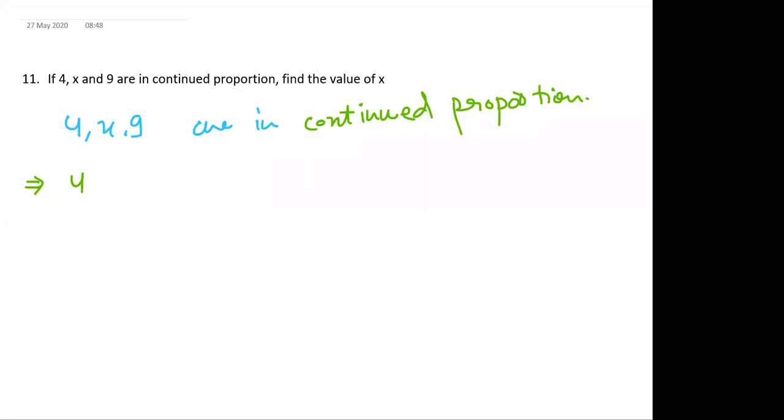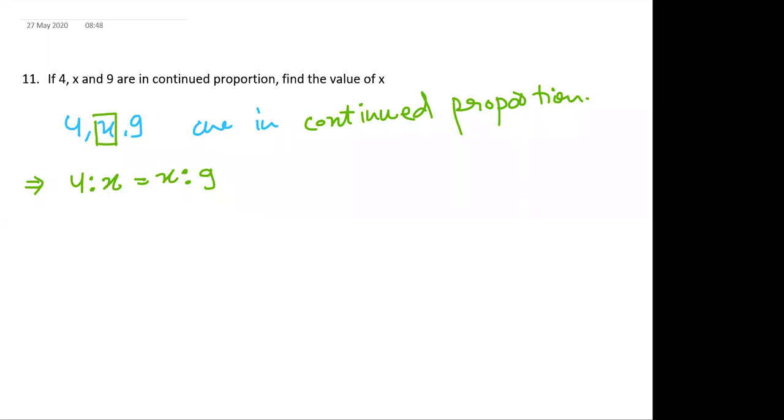Richa has given the right answer. Jatin also. So you will write 4 ratio x is equal to x ratio 9. If three numbers are in continued proportion, then we have to repeat the middle term. The term which is in between should be repeated.